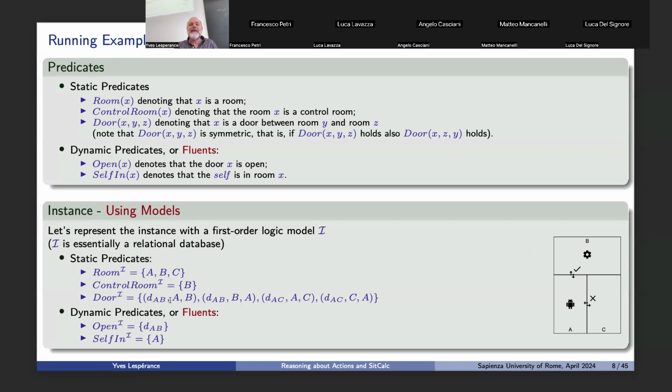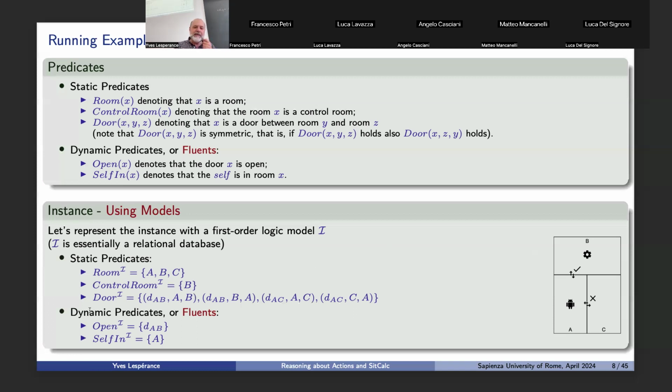Let's say DAB is a door that connects room A to room B, and DAC is the door that connects room A to C. Now, this relation door, we can think of it as being symmetric with respect to the rooms that are connected. If you can go from A to B, you can go from B to A. That's why the same door connects B to A here.